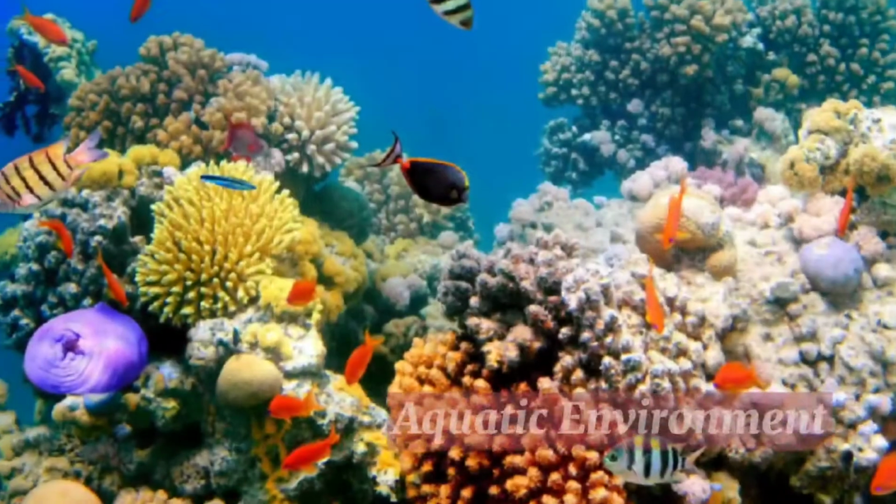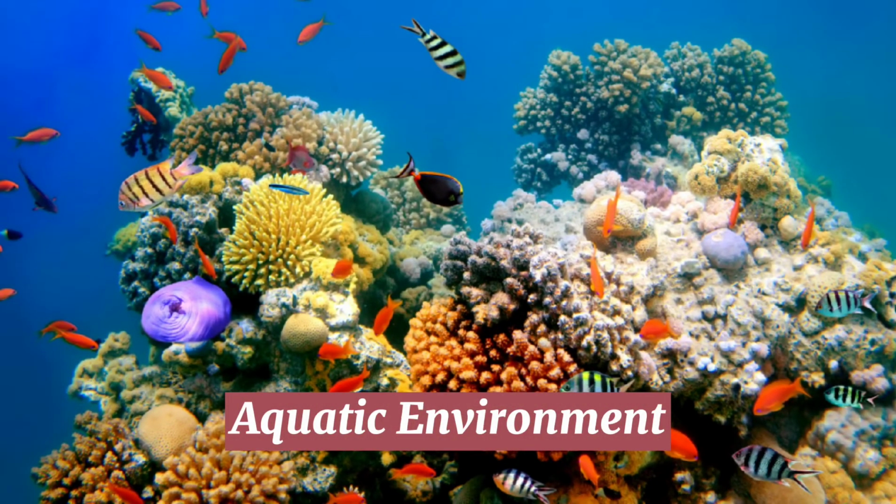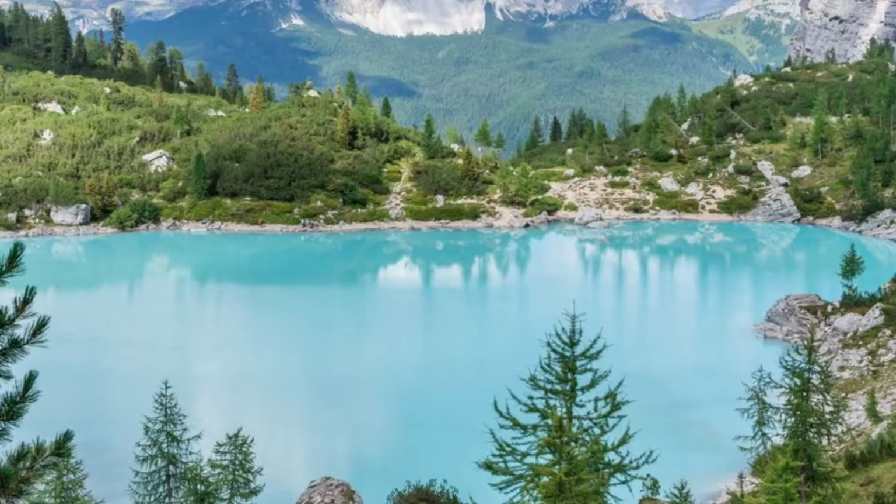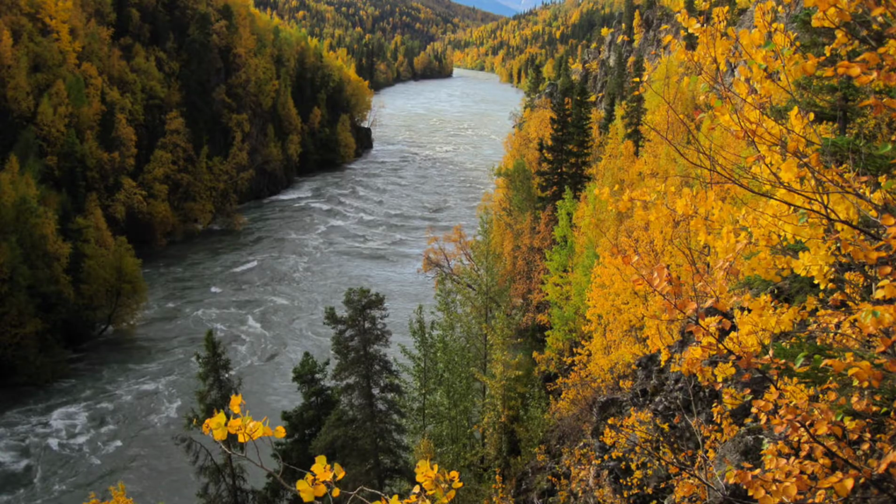So the first one is, acid rain will affect the aquatic environment. Why? Well, because acid rain will make the water become more acidic. This results in more aluminium absorption from soil, which is carried into lakes and rivers.